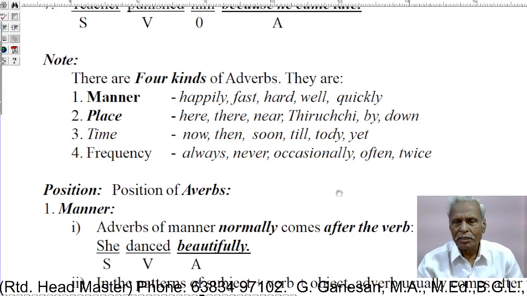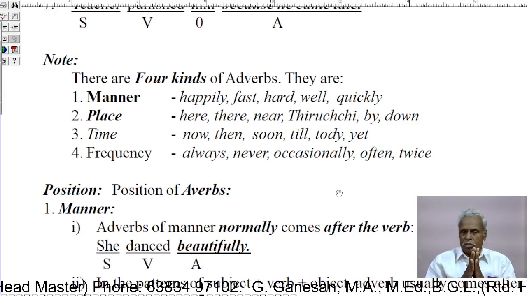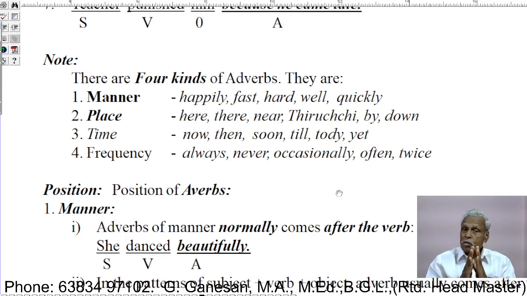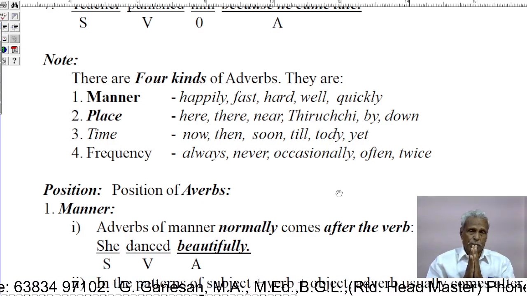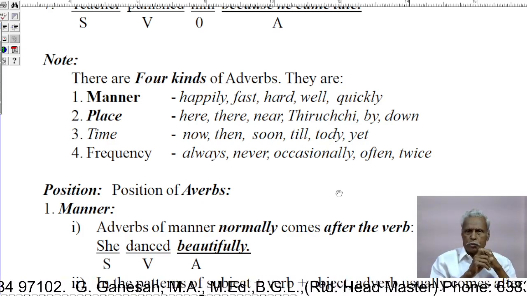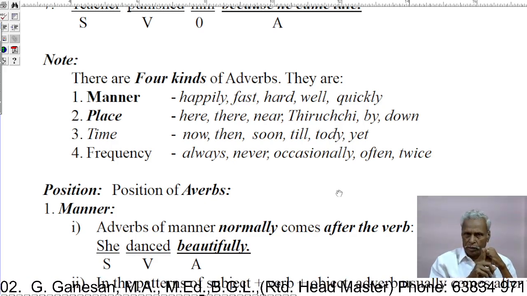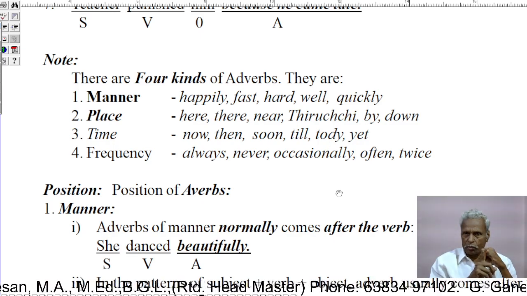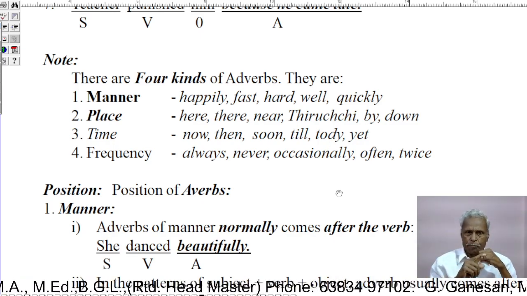Let us see how many kinds of adverbs are used in English. Four kinds of adverbs are used in English. They are manner: happily, fast, hard, well, quickly. Manner refers to manner.